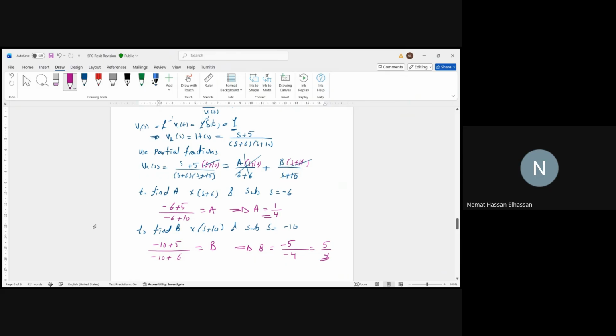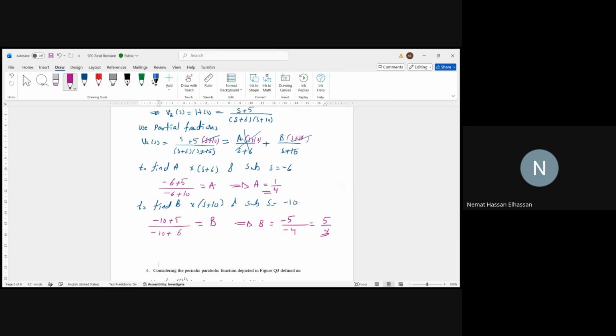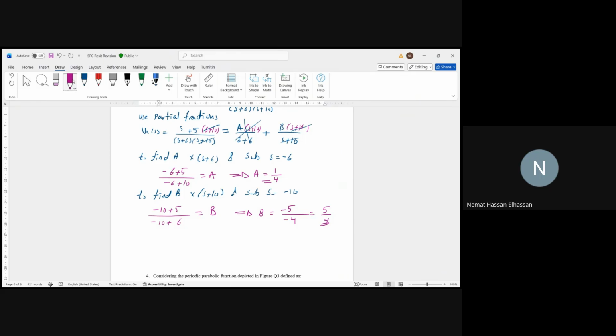Now I can substitute A and B, so I can say that, therefore, V2 of s is equal to A, which is 1 over 4, over s plus 6, plus B, which is 5 over 4, over s plus 10.